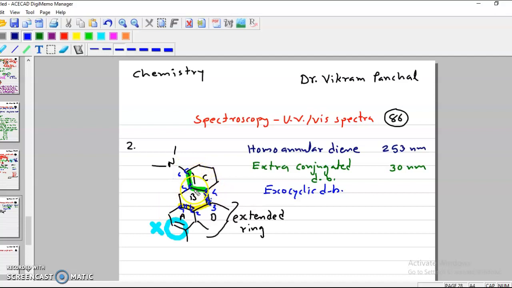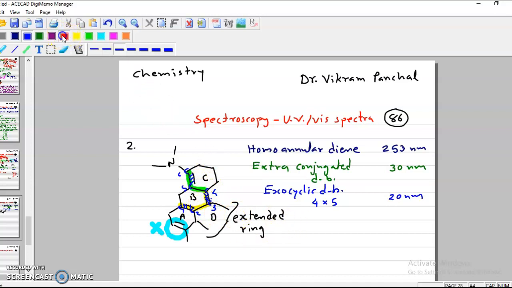The C5-C6 double bond is exocyclic for B ring but not for C ring. So how many exocyclic? 4. For each exocyclic we add 5 and therefore the total will be 20 nanometer. Remember the C3-C4 double bond is exocyclic for both rings, D ring as well as C ring. This way we have to see exocyclic double bonds.